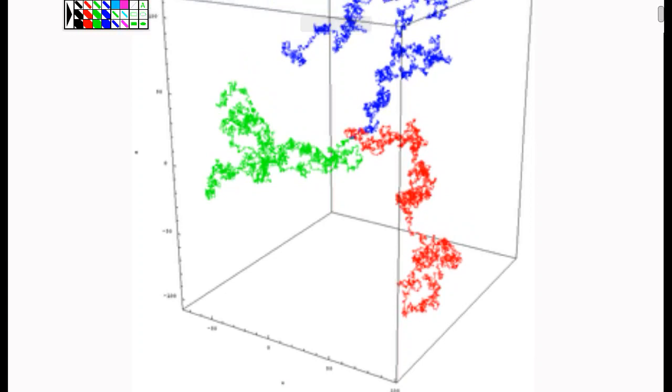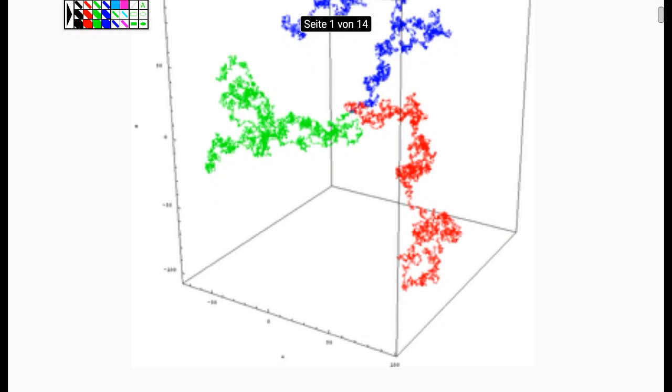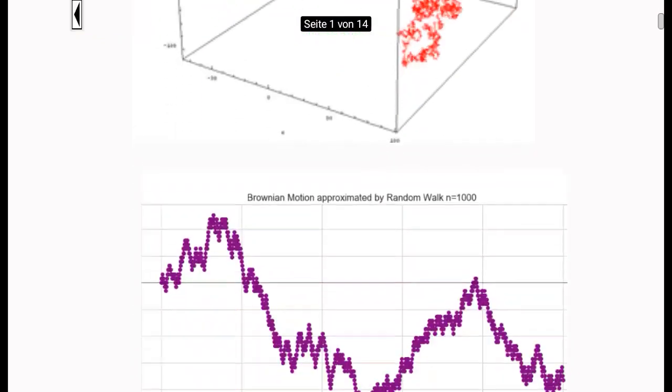Now, if you project these curves onto one of the coordinates, for instance, you project the red curve onto the motion regarding only the first coordinate, what you see is an up and down movement, a perfectly chaotic up and down movement.